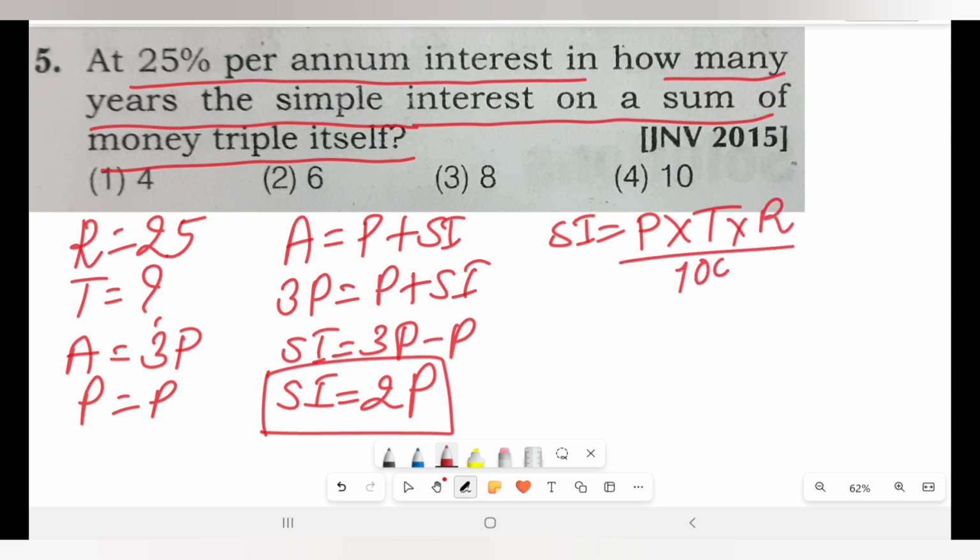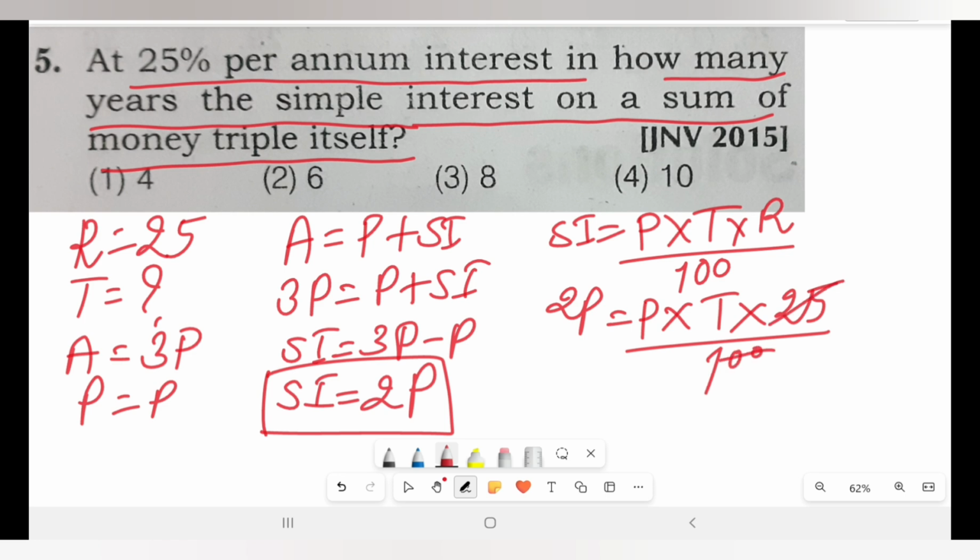Now substitute all the values: simple interest is equal to 2P, P keep as it is, time period T we have to find out, and the rate of interest 25% is given already, divided by 100.